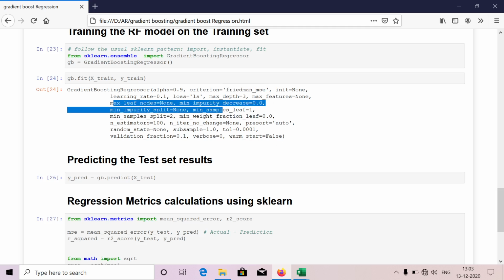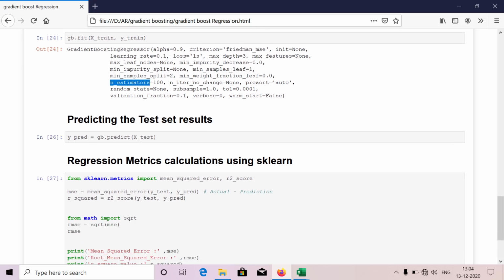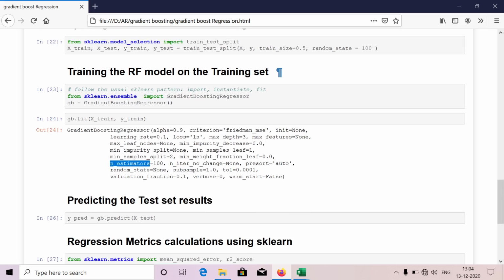The remaining hyperparameters are with respect to the decision tree. Initially 100 decision trees will be used. If you want, we can mention how many iterations we want to build our gradient boosting algorithm. Here we can adjust our hyperparameters by passing them from here.